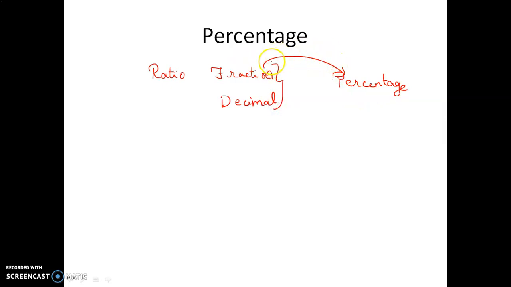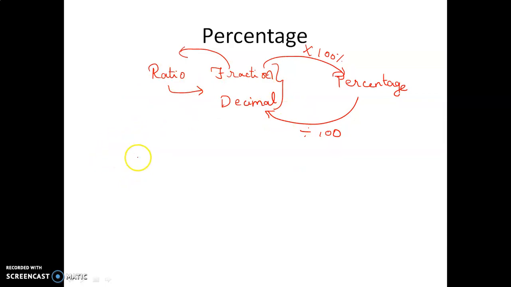How will you convert them? Yes, multiply by 100. The reverse process, percentage to decimal, is divide by 100. You should be very thorough with this conversion. How to convert ratio to fraction, I explained in the previous slide. Depending upon the question, you will convert ratio to fraction and fraction to ratio. All these four are interlinked.